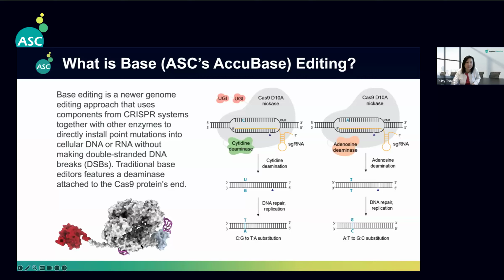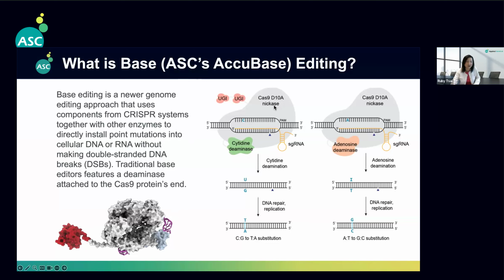And the traditional base editing has the deaminase fused to the end of the Cas9 protein. So this is important because I will talk about ASC's active base editing, which has a different conformation. And this deaminase basically changes a nucleotide from C to T, for example, right? So that's how base editing works.